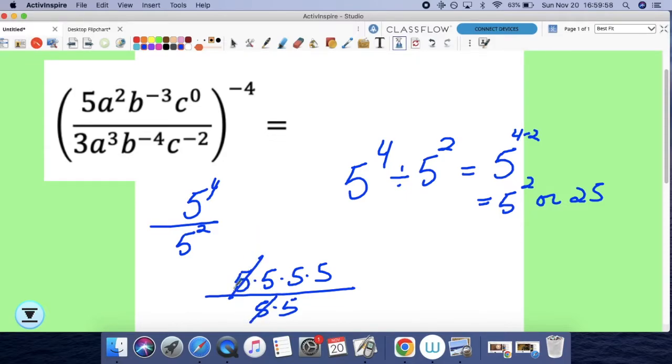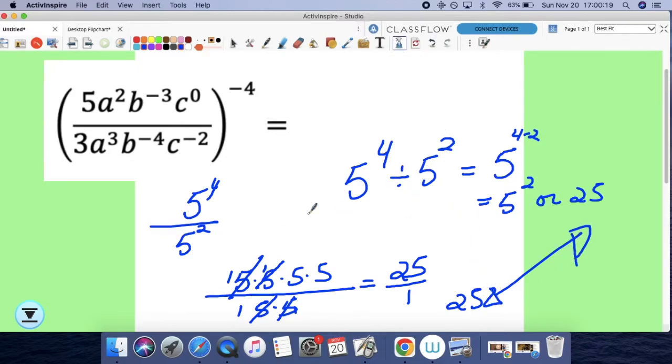Simplify these by 5, we get a 1 and a 1. Simplify these by 5, we get a 1 and a 1. So 1 times 1 times 5 times 5. Look at that. We get 25. And at the bottom, we only have 1. 25 over 1 is just 25. Did we get the same answer as this? Yeah, we did. So with division, we keep the base and we subtract the exponent.